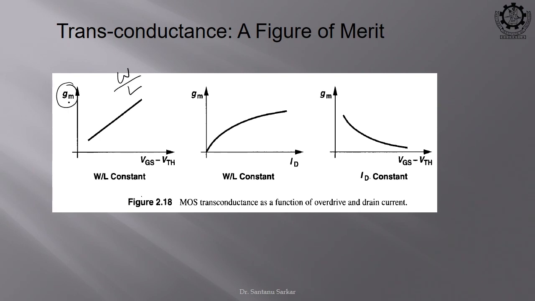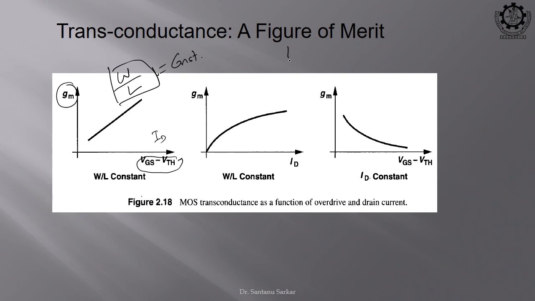So, if I plot GM with VGS, then we can say this is not going to change, then GM and VGS minus VTH shows a linear relationship, right. So, what is the meaning? You see here W by L value is constant, but is my current constant? No. Why? Because VGS is changing. If VGS is changing, my ID will also change.